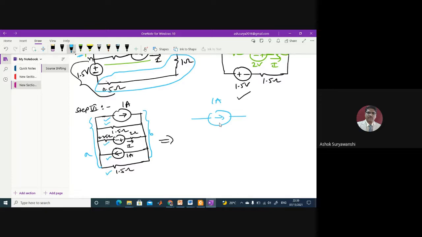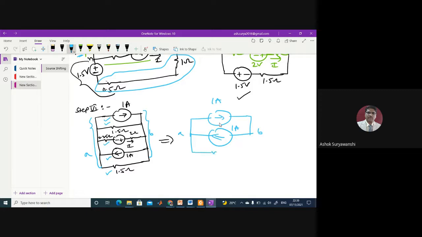In parallel, the voltage remains the same, so we can swap this element. So the lower current source I'll take at the upper side, because this is A side and this is B side, right? So this is 1 ampere, this is 1 ampere.